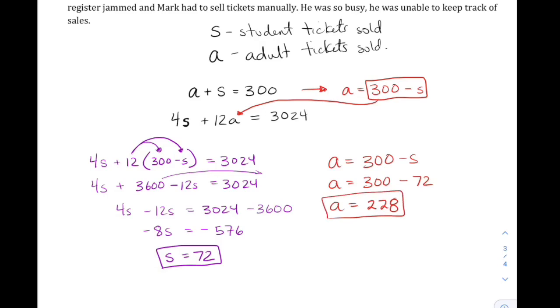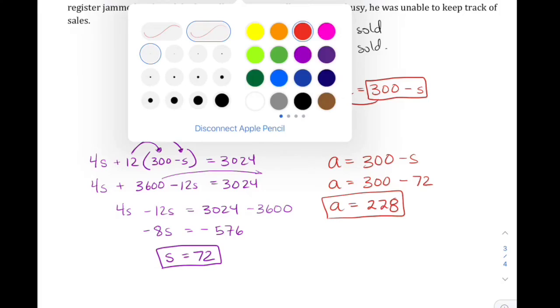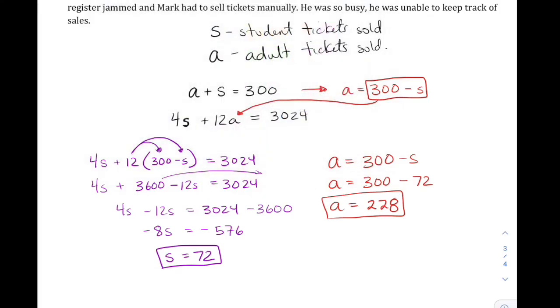That means 228 adults attended the show and 72 students attended the show. Therefore, 72 student tickets were sold and 228 adult tickets.